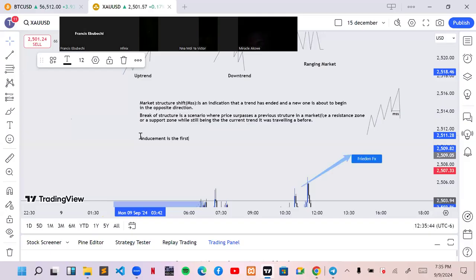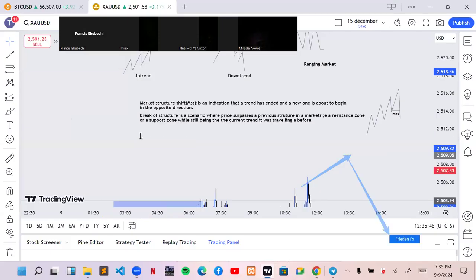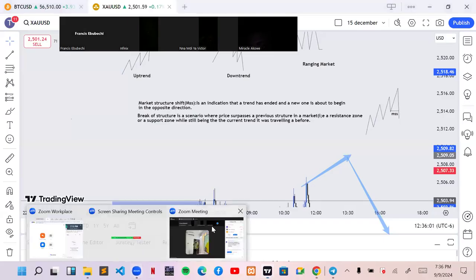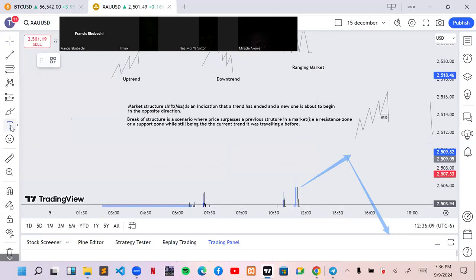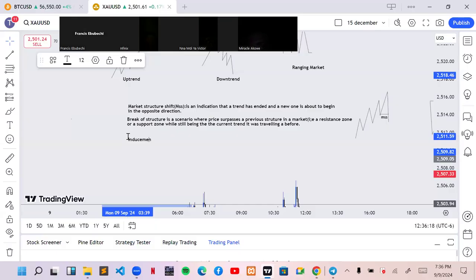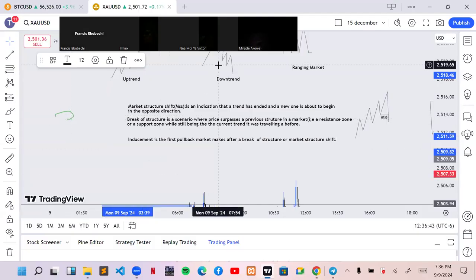Inducement is the first pullback. Inducement is the first pullback that the market makes after there is a break of structure or a market structure shift.